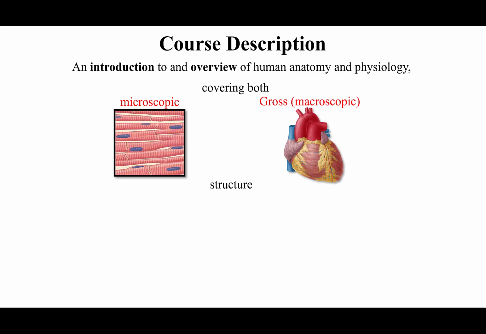Microscopic structures are things that are really tiny and they require the use of a microscope. Macroscopic structures are things that are really big that you can see with your naked eye. For example, if you pull someone's heart out, you see a heart, but you can't exactly see heart cells, right? Which are the cardiomyocytes. To see cardiomyocytes, you would need a microscope to look at it.